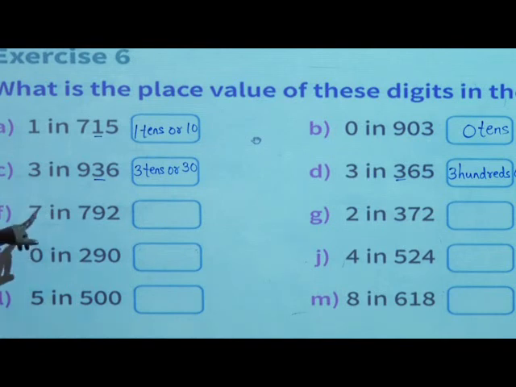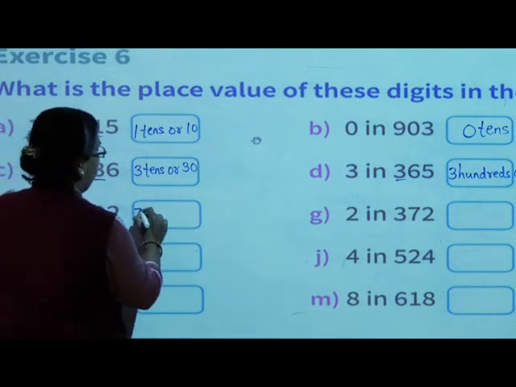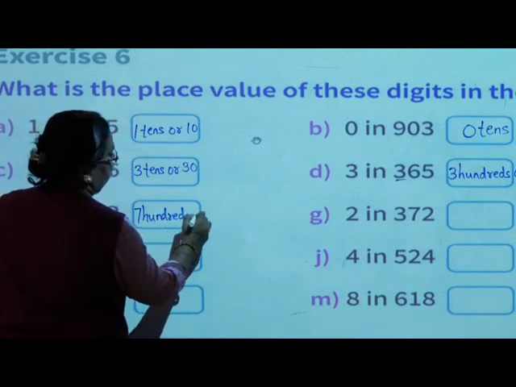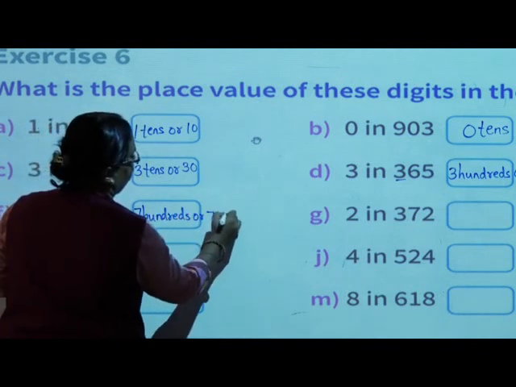Now next is 7 in 792. We want to write the place value of 7. Now 7 is in which place? Correct, it is in the hundreds place. So 700s or 700.